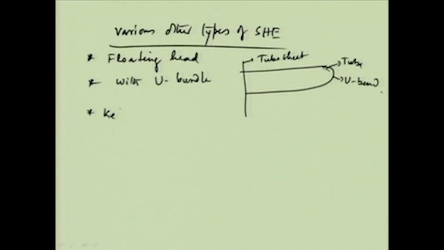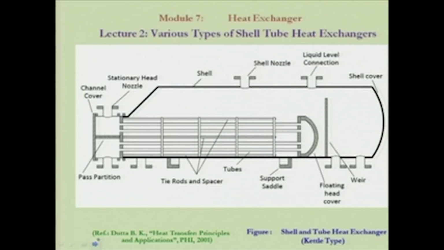So this is the tube with tube bend, and then there is another type, the kettle type heat exchanger. Here is an arrangement of a kettle type heat exchanger. Many times we need to put a reboiler.